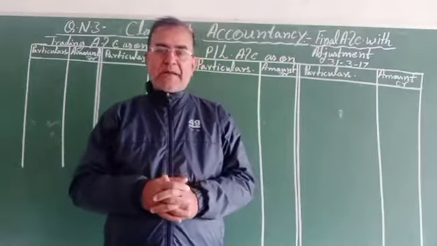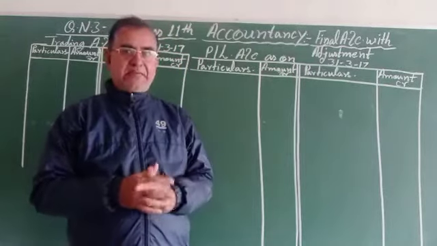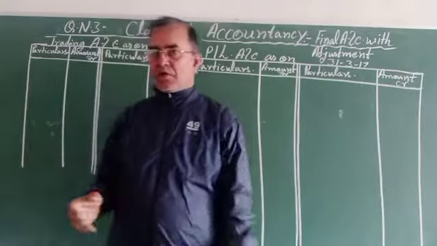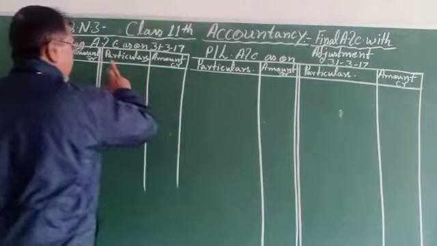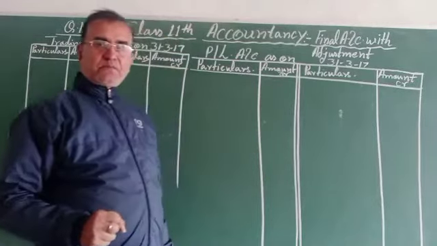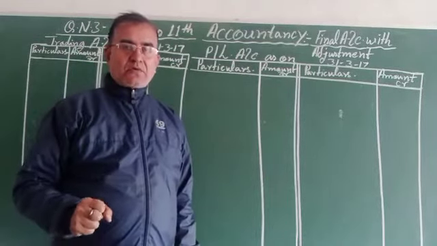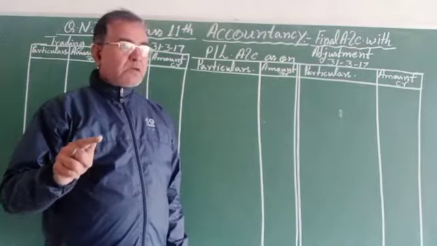Just going to explain final account with adjustment. Now you can see the format of trading account, profit and loss account. Question number 3, you have sent me the problem.